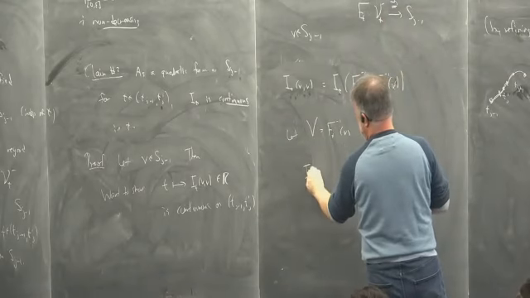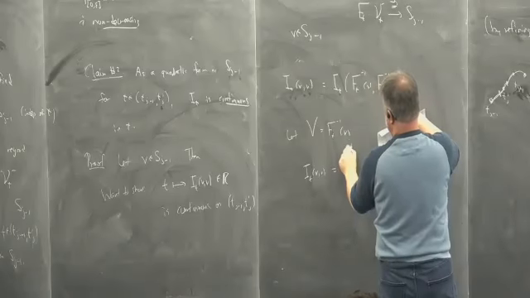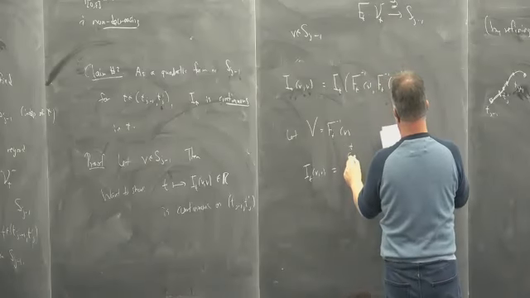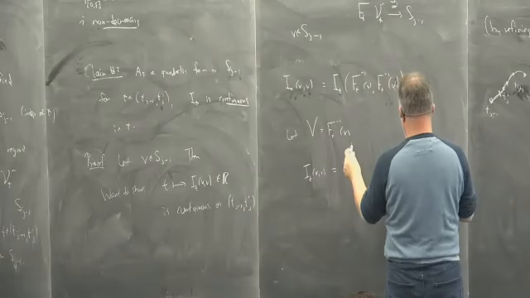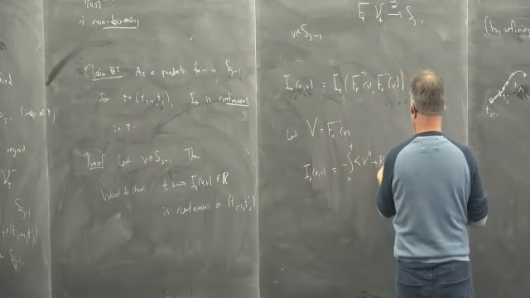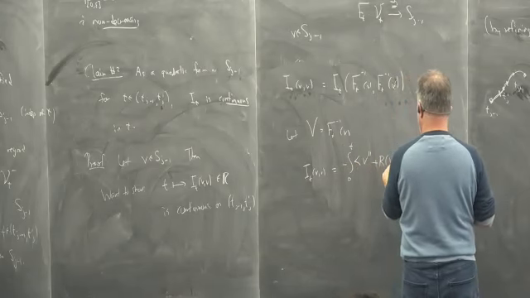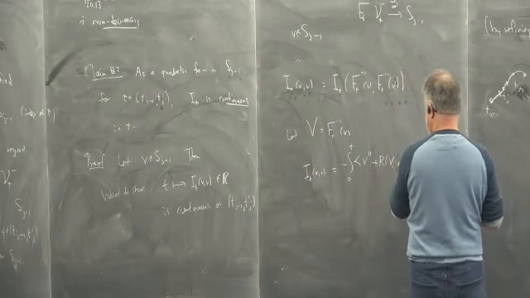So we get that IT of little v is equal to the integral from 0 to t. Well, we had this alternative formula for the index form. We did this last time.